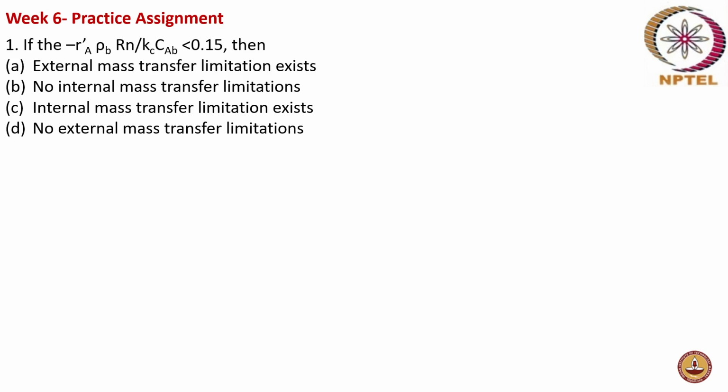If minus r_A prime rho_B R n by k_c C_Ab is less than 0.15, then it indicates that whether it is option A, external mass transfer limitation exists, or option B, no internal mass transfer limitation exists, or option C, internal mass transfer limitation exists, or option D, no external mass transfer limitation exists. So which of these is the right option when the given parameter is less than 0.15?